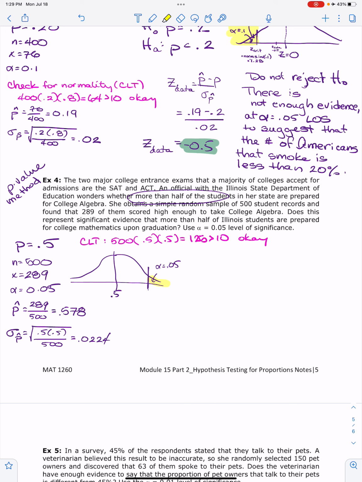So here's my rejection region. I'm going to find the probability for the values that we have and compare to that alpha equals 0.05. So my null hypothesis is that the proportion is 0.5. My alternate hypothesis is that the proportion is greater than 0.5.